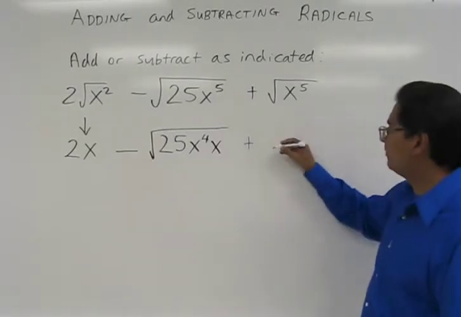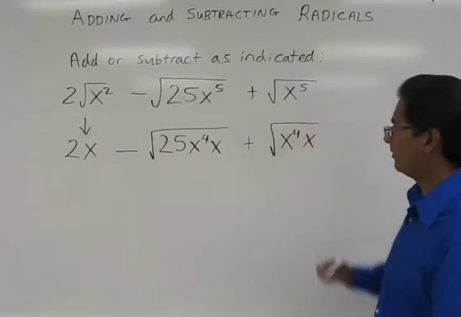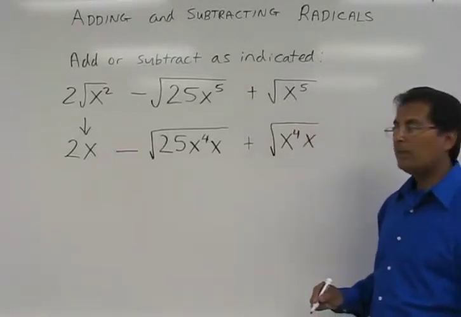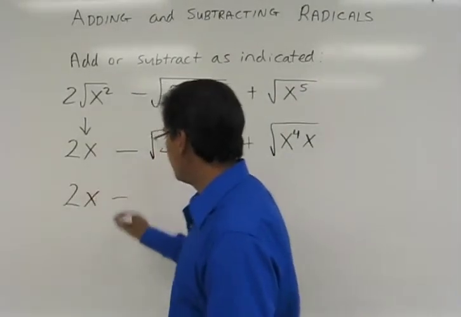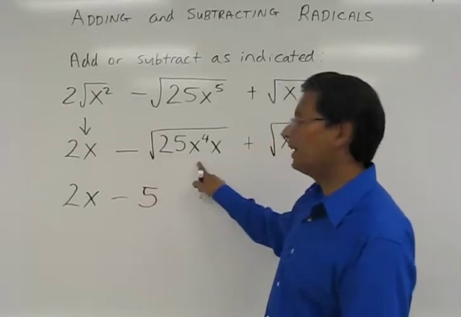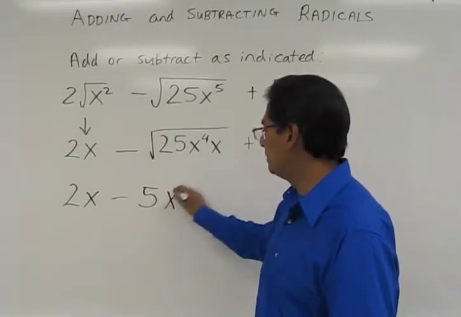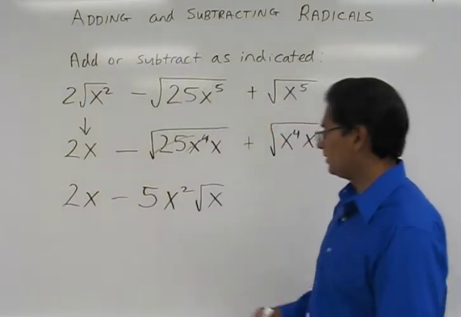Similarly, with this x to the 5th, we can break that down as x to the 4th times x. So now we can simplify these two radicals. So we have 2x minus the square root of 25 is 5. And the square root of x to the 4th is x squared. We divide by 2. So those two are gone. And we're left with the square root of x.